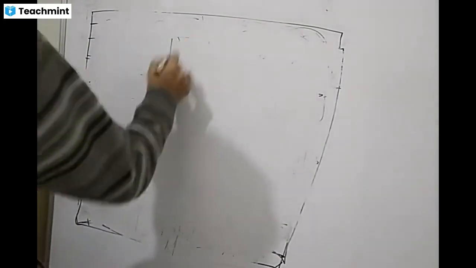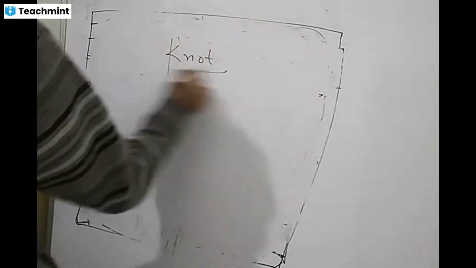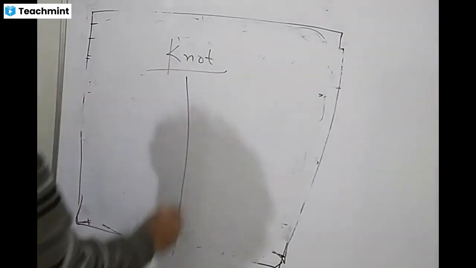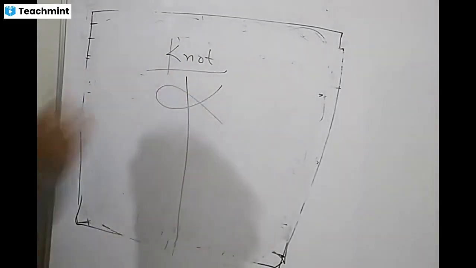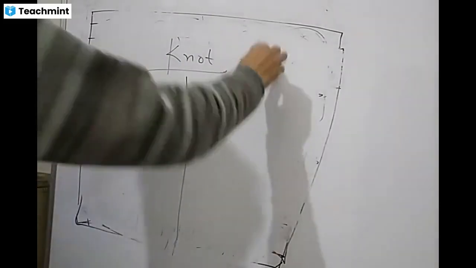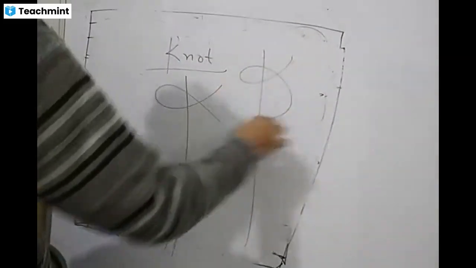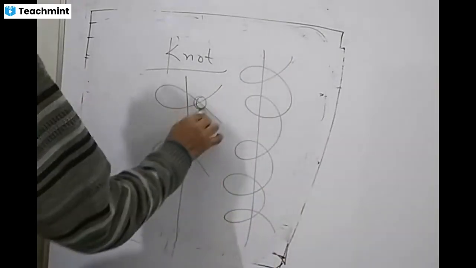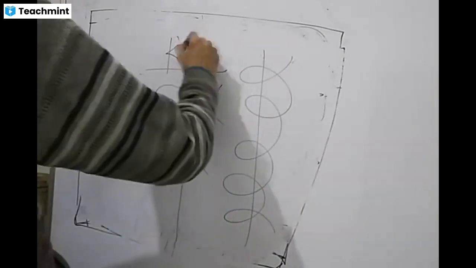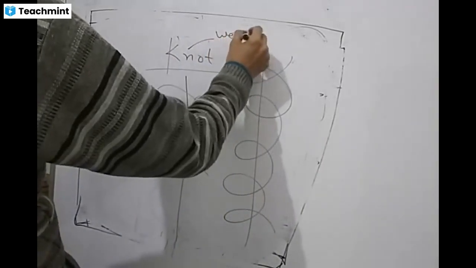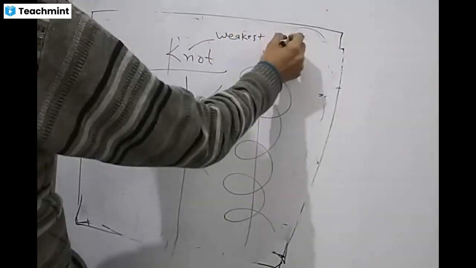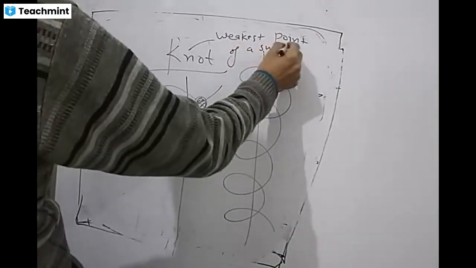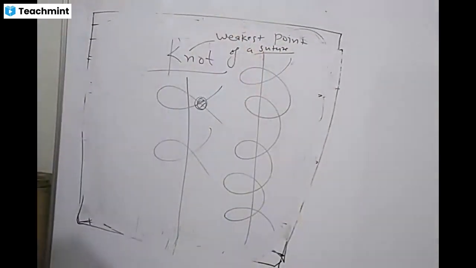Next topic is the knot. What is a knot? Suppose we are applying simple interrupted or simple continuous. The knot is the weakest point of a suture.